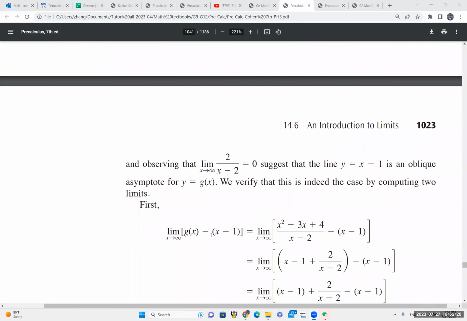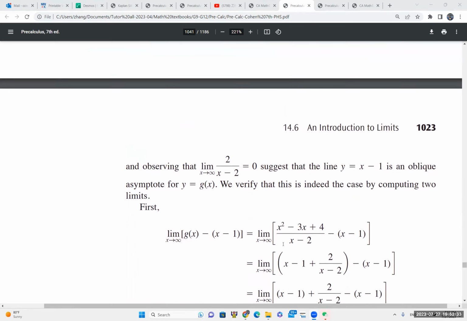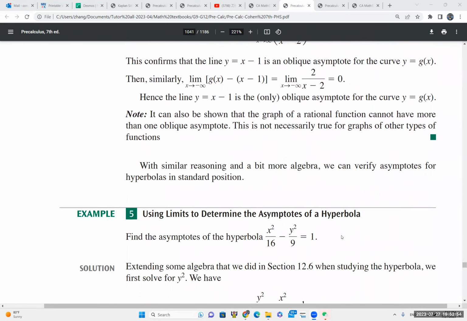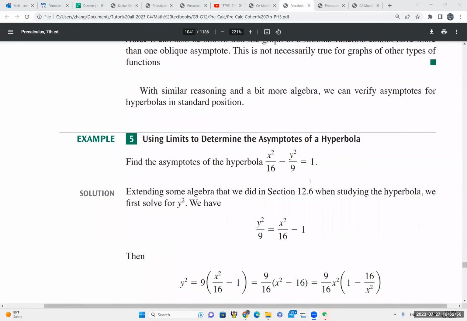It means g of x will approach x minus 1 when x approaches infinity, right? Then this becomes its oblique asymptote. Hyperbola.